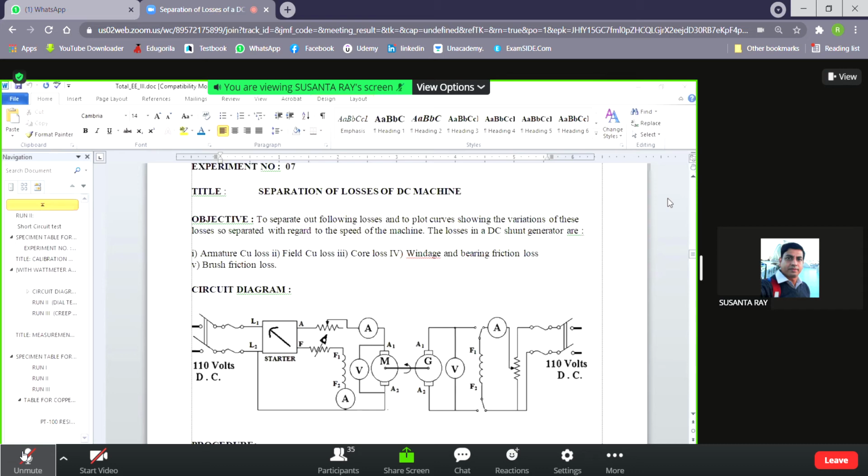That is the reason we get the variable frequency in flux.